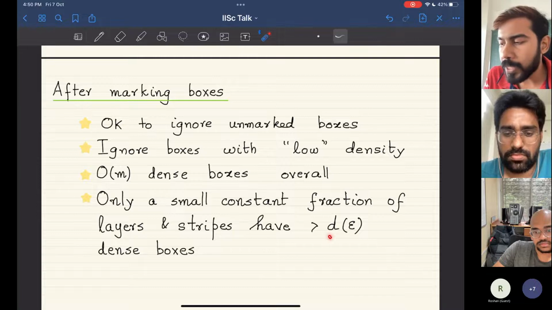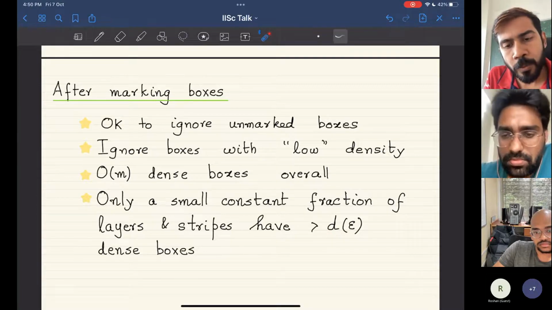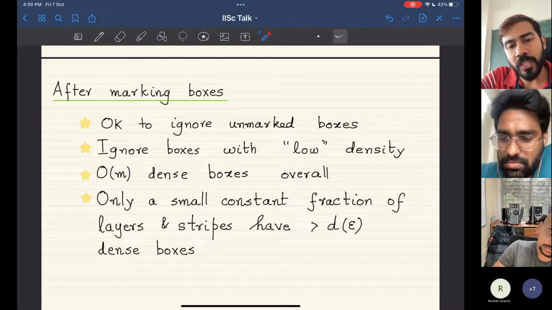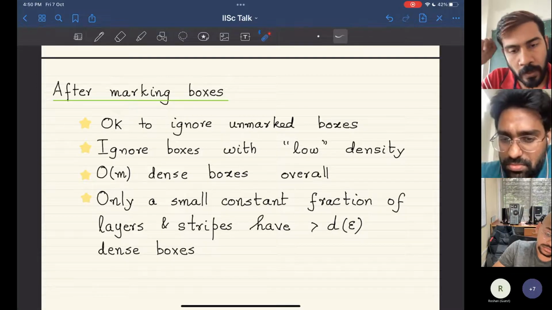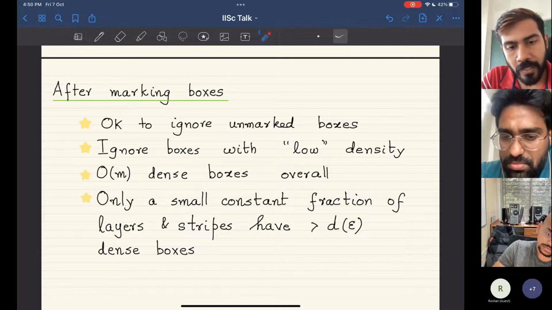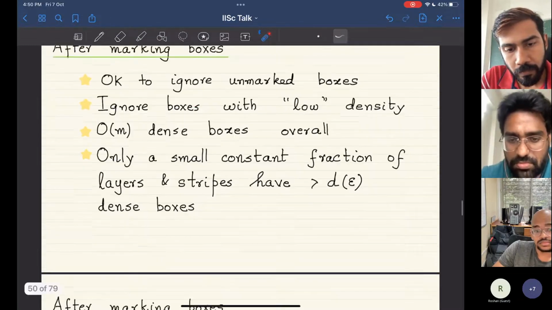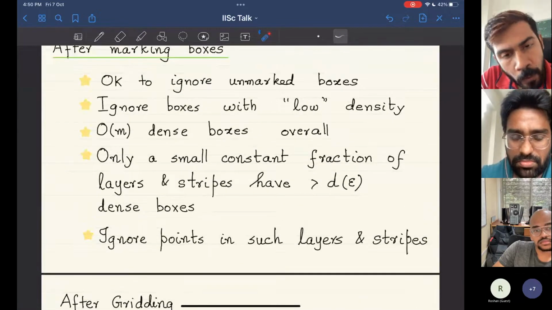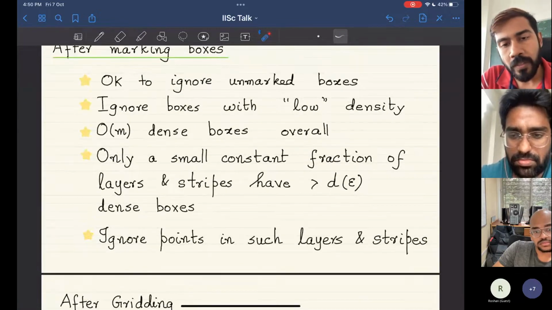And for an appropriate setting of D, we will argue that it's again okay to ignore those stripes, or those layers, with many dense boxes in them.